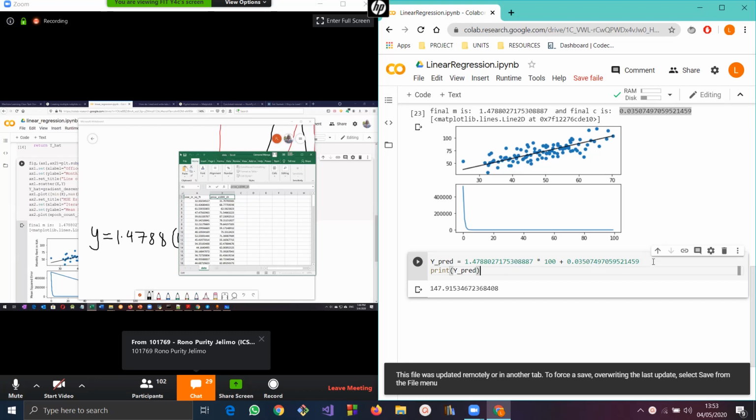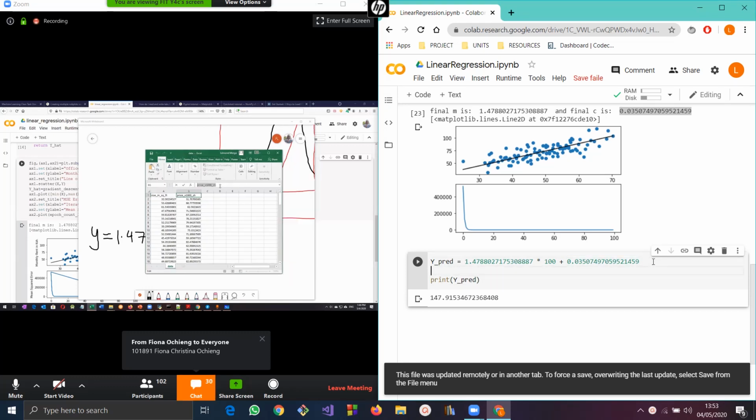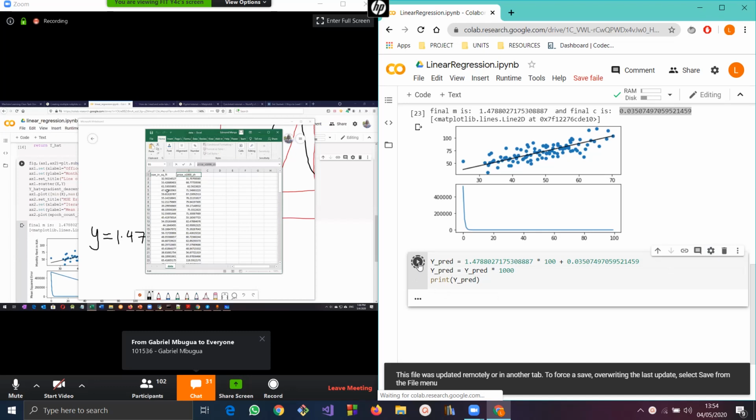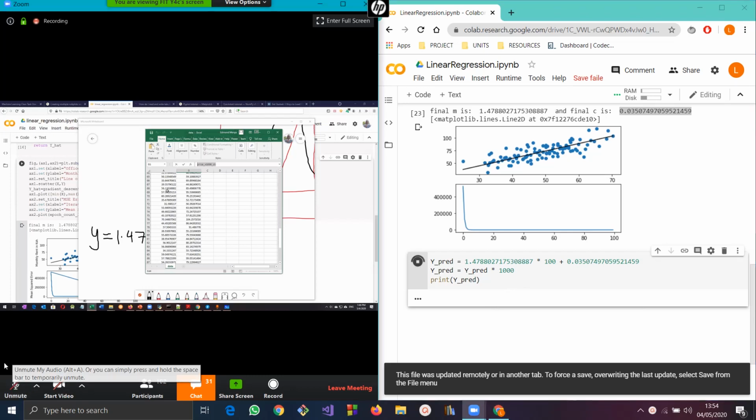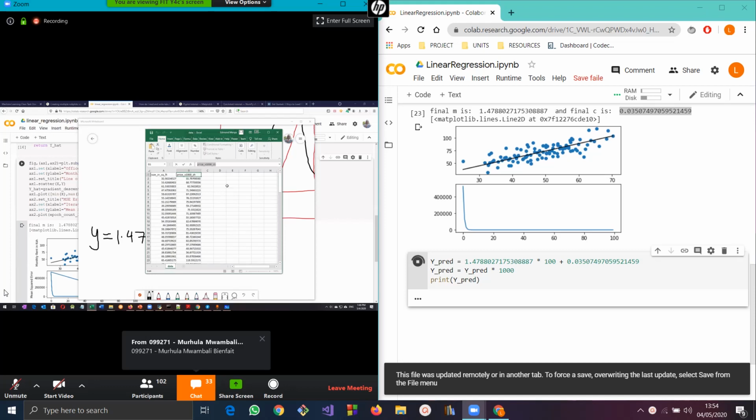Jaden? 147,000 roughly. 147k. Okay, so actually it makes sense, right? So we had a size of 100 square feet here. So the model is just giving us 147 point something k, in Kenya shillings, and that's the essence of a predictive model.